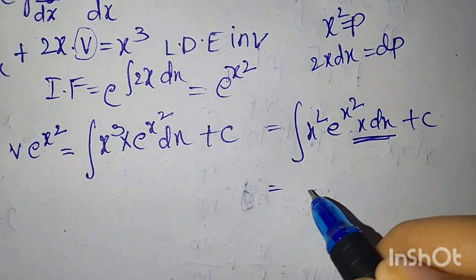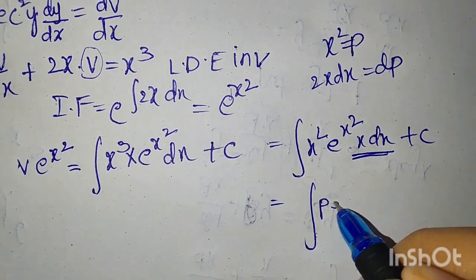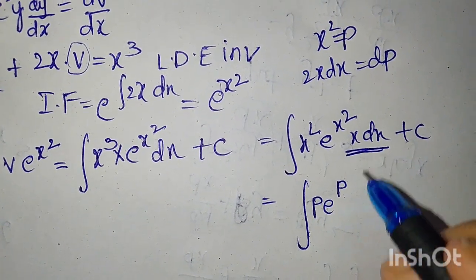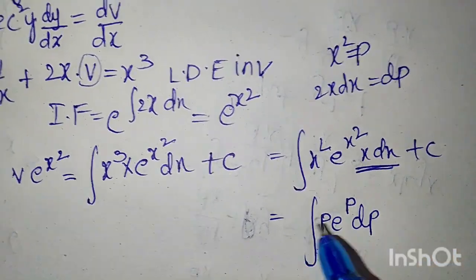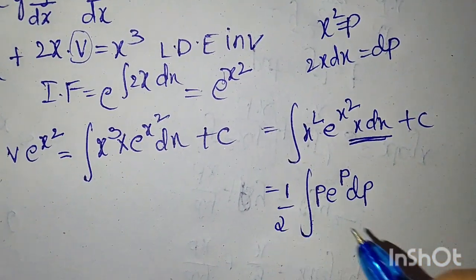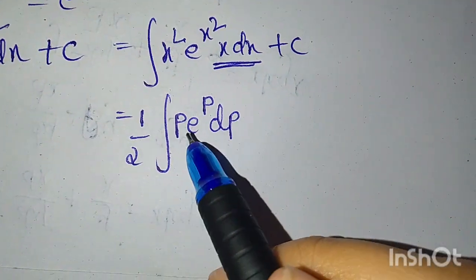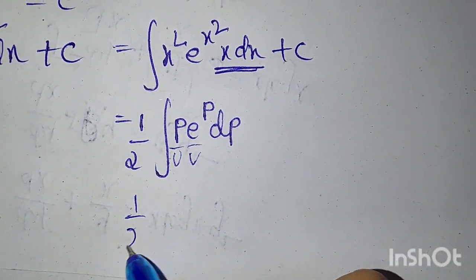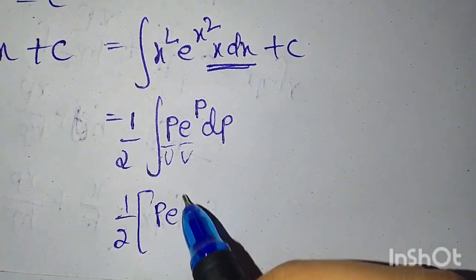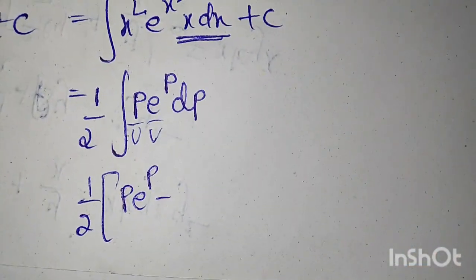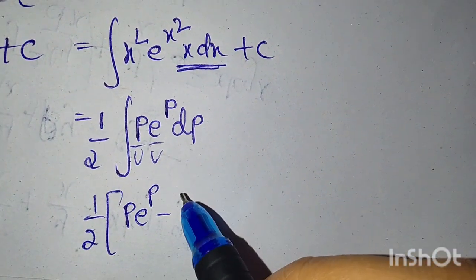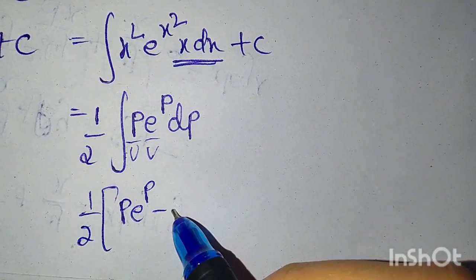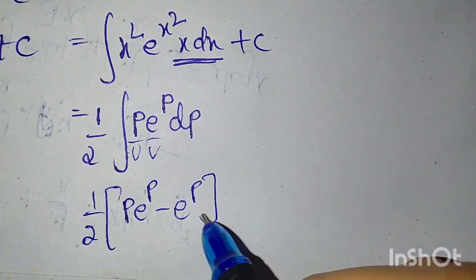So integral p e power p dp times 1 by 2. Okay. So now I can solve this very easily. Which is p e power p minus integral of p dash, meaning 1, times e power p. So integral of e power p is nothing but e power p only, plus c.